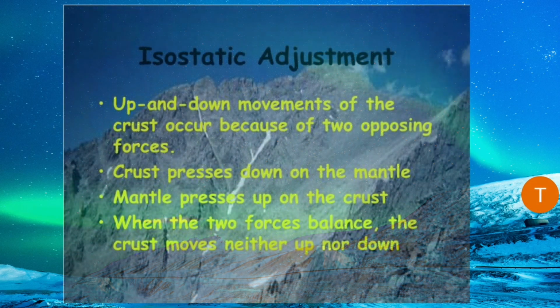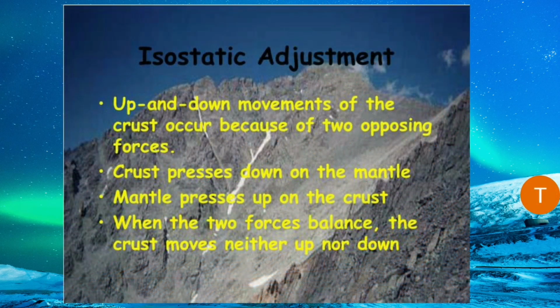To put isostatic adjustment into simpler points, we refer to it as the up and down movements of the crust that occur because of two opposing forces. The crust will be pressed down on the mantle. The mantle will press up on the crust, and when the two forces balance, the crust moves neither up nor down.